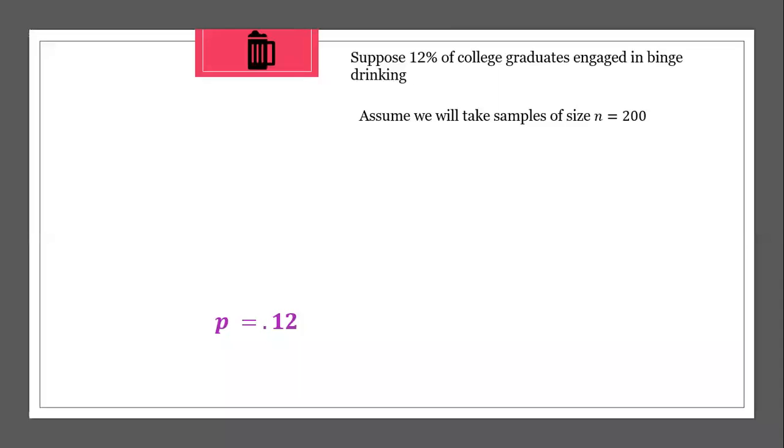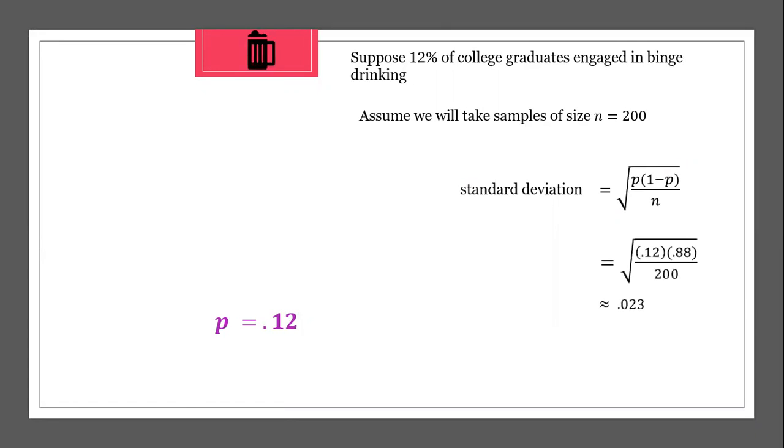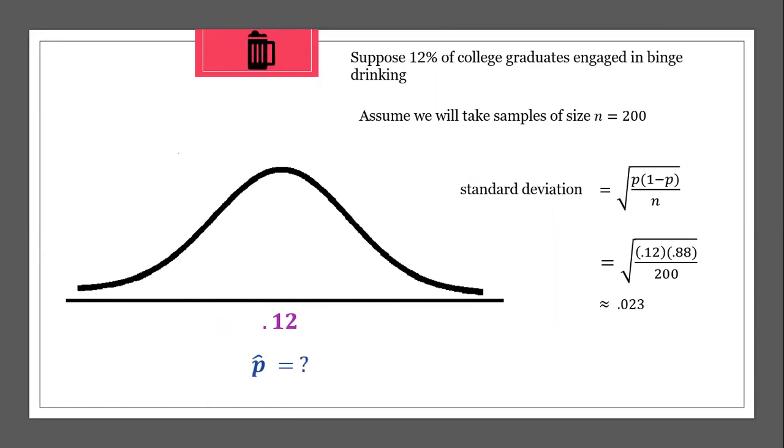So let's assume we're going to take a sample of size 200. The standard deviation is given by the formula from before, and we get a standard deviation of about 0.023. This curve is going to be centered at 0.12 with the standard deviation of 0.023.